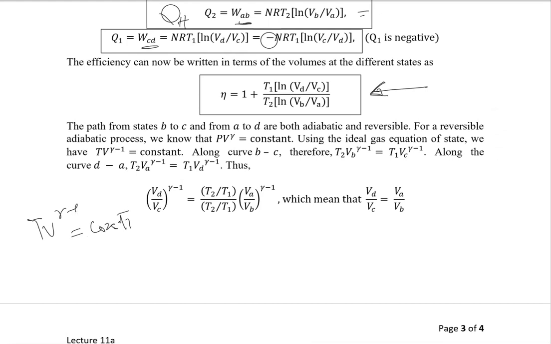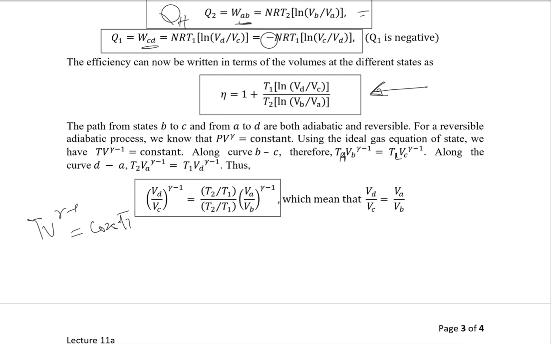And that's what you have solved in your midterm exam as well. So for the adiabatic process, TH VB to the gamma minus 1 is equal to TL VC to the gamma minus 1. Putting them in here, we would be having an equation which would look something like this.